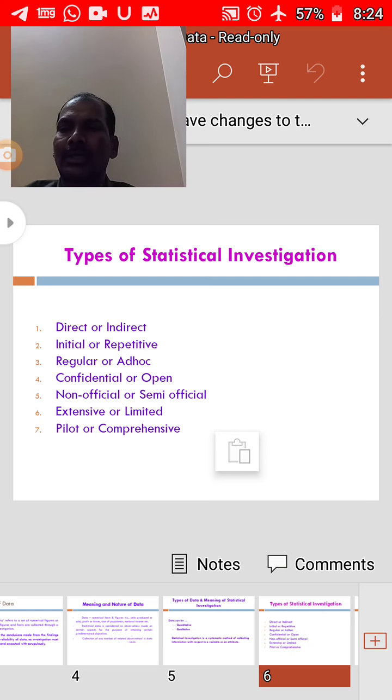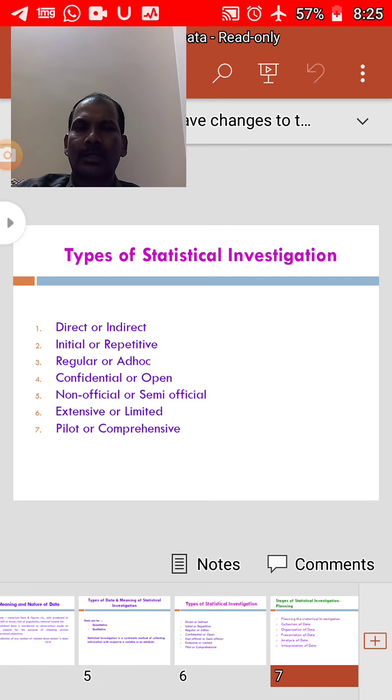A pilot investigation precedes a comprehensive investigation to understand the problems likely to be encountered in the process of investigation, whereas a comprehensive investigation is an in-depth study for attaining the subject and the purpose of investigation.